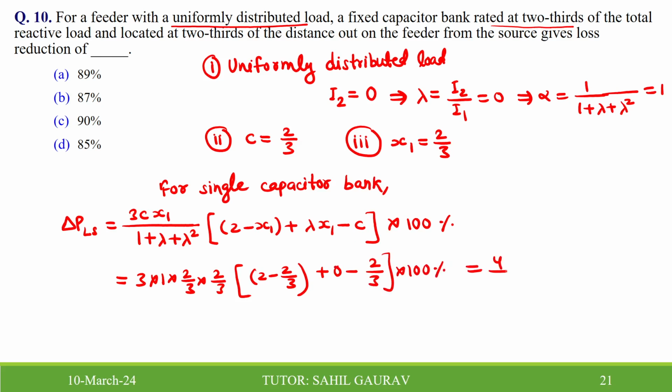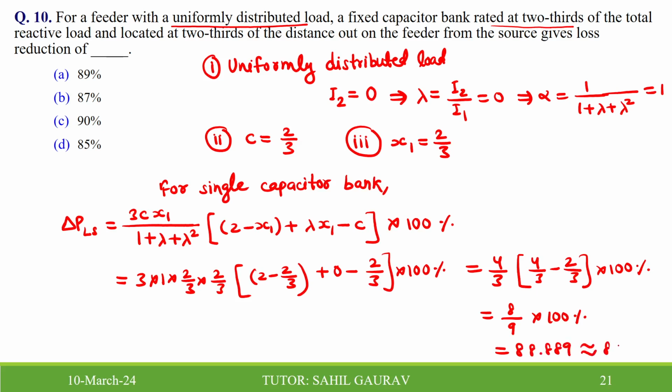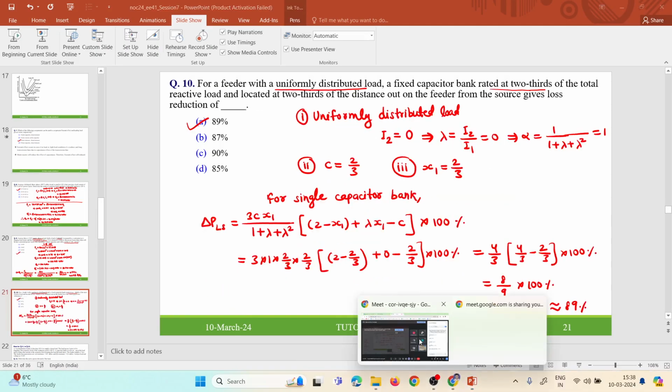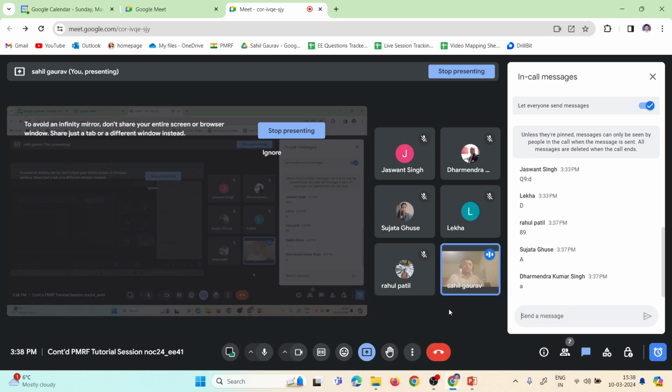So this will give you 4 upon 3 into 4 upon 3 minus 2 upon 3 into 100%. So it will give you 4 into 2, 8 upon 9 into 100. So it is giving you 88.889, that is coming as 89%. Therefore A is the correct answer. Yes, A is the correct answer.